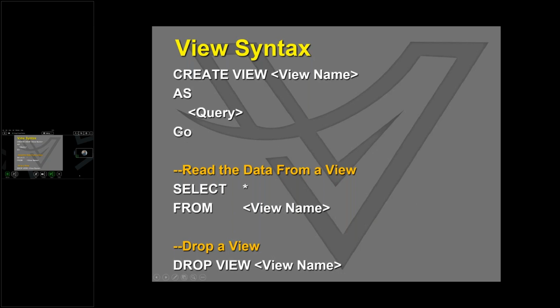Okay, so you need to write go and try to create this view, execute this particular thing, you are going to be creating a view. So to read the data from a view, very simple thing, select star from view name, same as reading a table. So if you want to drop a view, very simple syntax, drop view name.